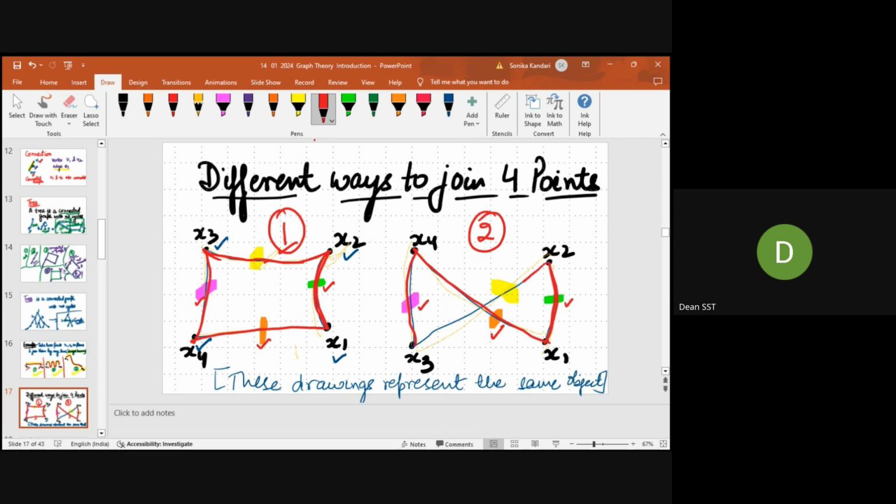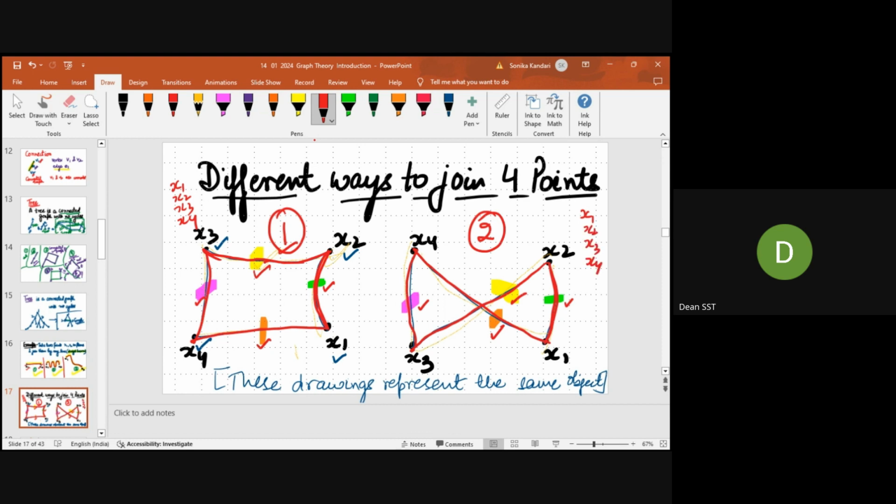And from X2 to X3, there is an edge in the other. I have represented it with yellow. It means in diagram 1, we are having 4 vertices, X1, X2, X3, X4. So in diagram 2 also we are having 4 vertices, X1, X2, X3, X4.